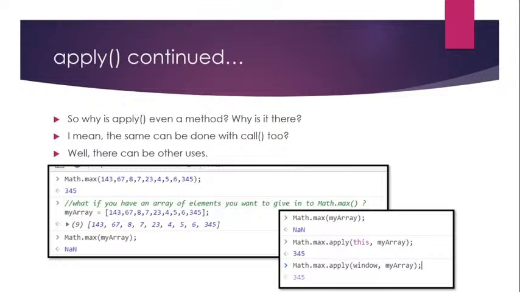But to make sure that means something, what we do is we apply this particular code, and this is math.max.apply this comma my array. Well, my array is this array that we declared in here, and as we talked about, apply takes 2 parameters, the object that we want to relate to and the array of parameters that we want to give.